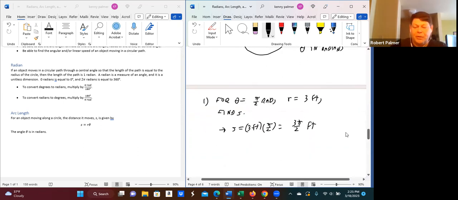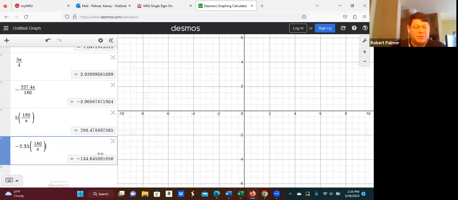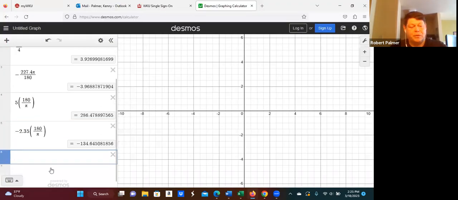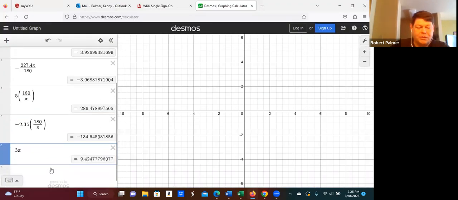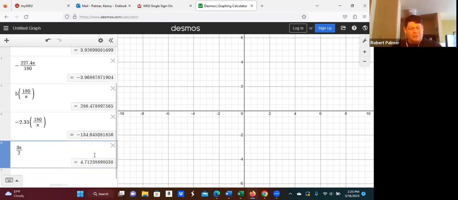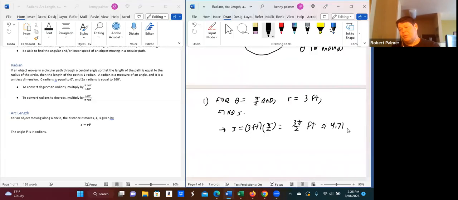So let's actually approximate that on Desmos, because obviously if we're going to use this, we're going to approximate it. So 3 pi over 2 is about 4.71 feet to 2 decimal places. Approximately 4.71 feet. Okay. Now, number 2.